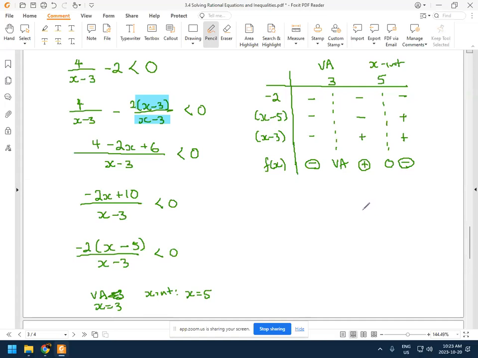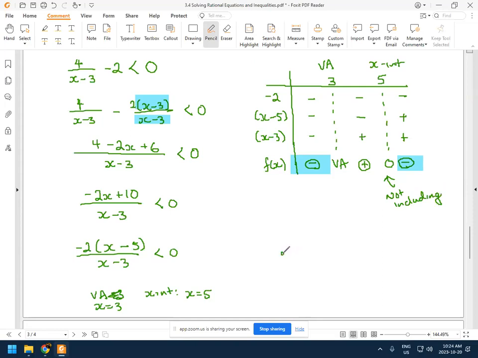All right. Based on this, when is this new function less than 0, not equal to, but less than? Right there and right there, not including 0, not including.